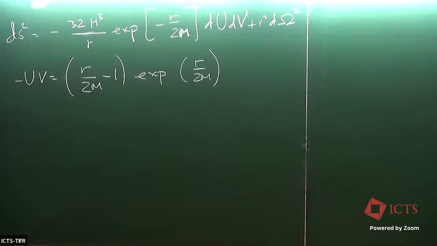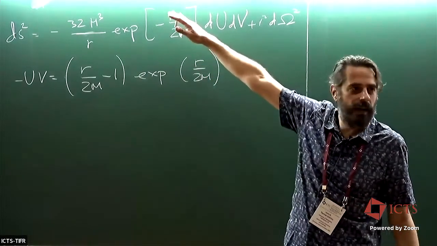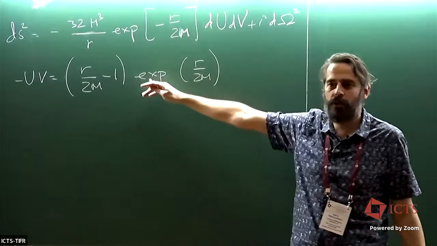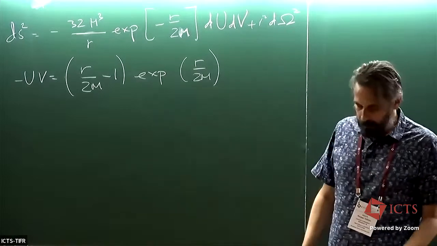Okay, so if I just take that original line element and I make the successive coordinate transformations, I'll end up with this metric here. And the relation between R and U and V is given by that. You can also have the relation, obviously, between T and U and V if you use this equation and this transformation. So the reason I wrote this down is because I've left R implicit in the line element. So I obviously need this relation to write the line element completely in terms of U and V, right?